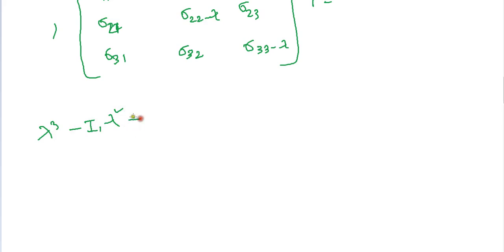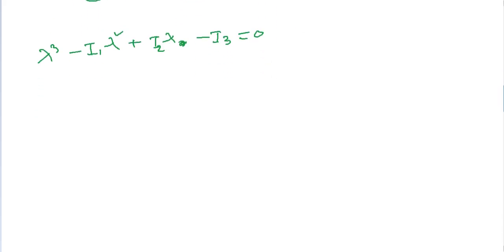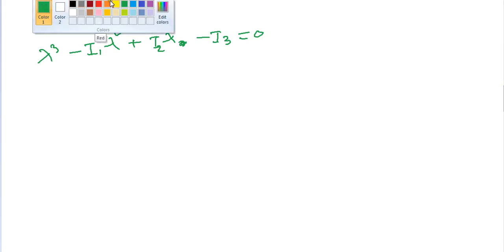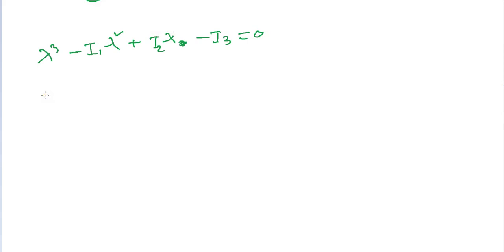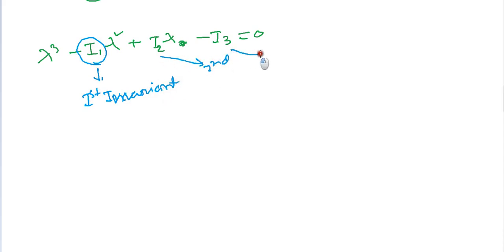So I1 is the first invariant, I2 is the second invariant, and I3 is the third invariant.